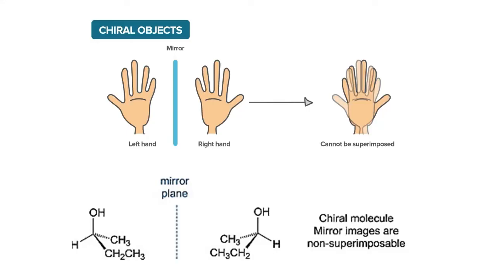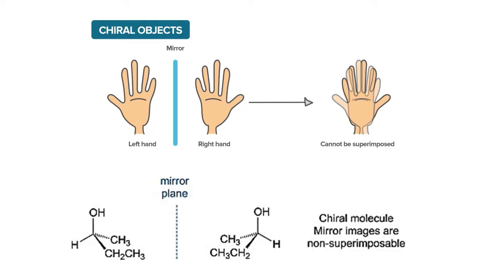An example to this is the two hands. They are both a reflection to each other's images, but they cannot be superimposed. There are also molecular structures that are similar to our right hand and our left hand. And this type of images or structure is called chiral objects.